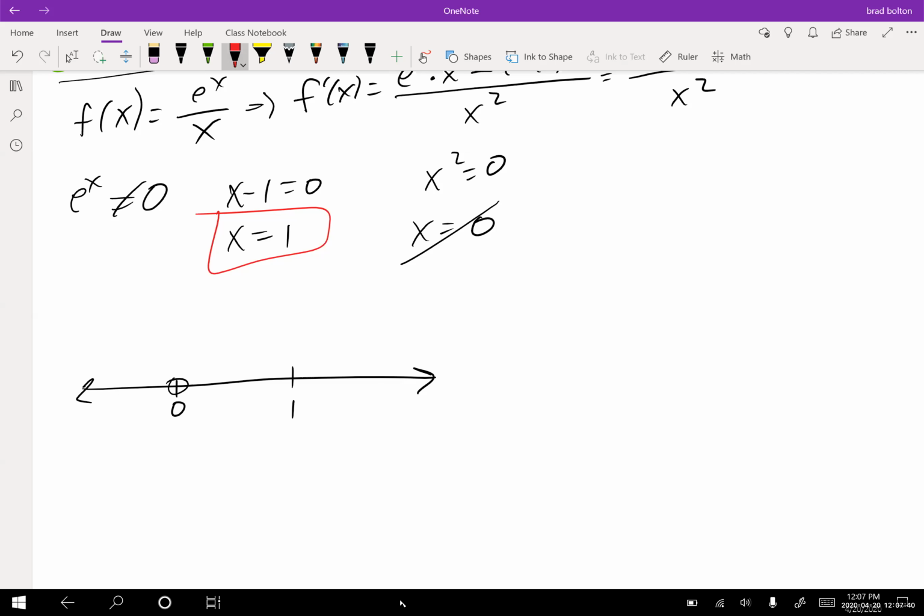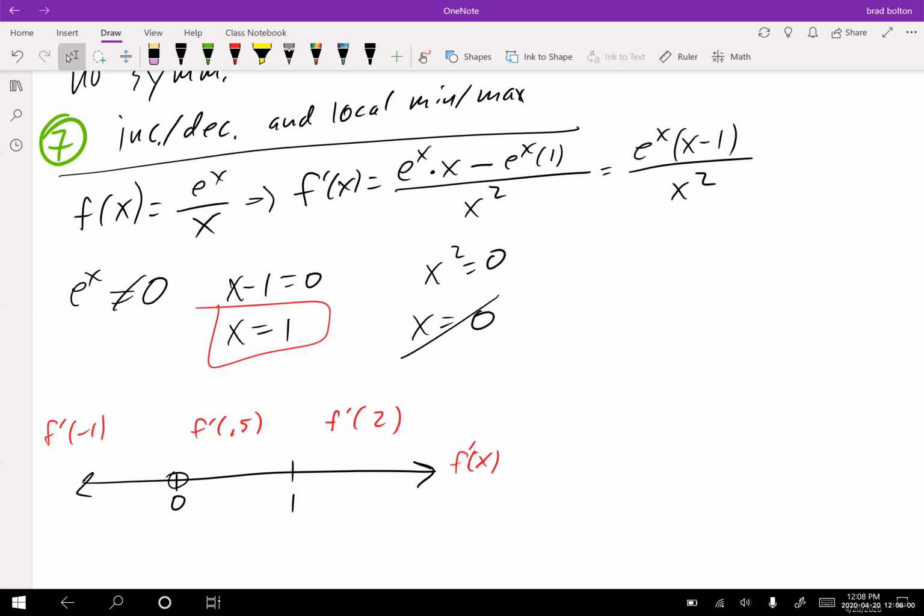Okay, so I'm going to do f prime, and this is f prime of x. I'm going to do f prime of -1, f prime of 0.5, and f prime of 2. Okay, so when you do f prime of -1, we come up here, and I'm going to use this right here.